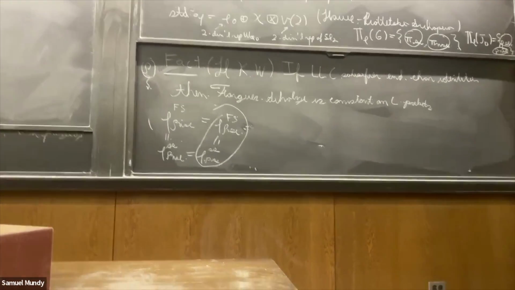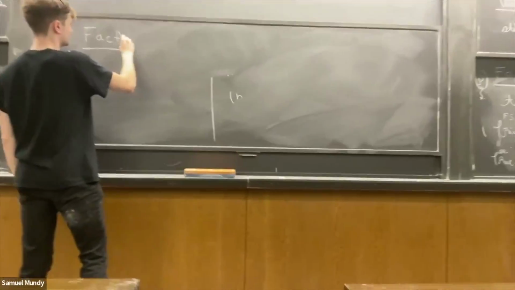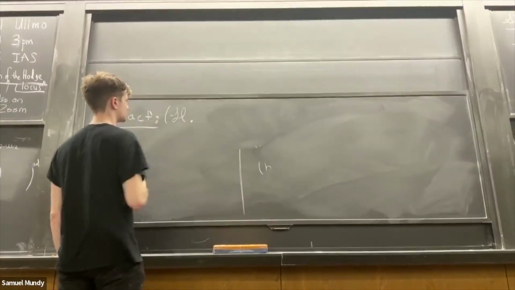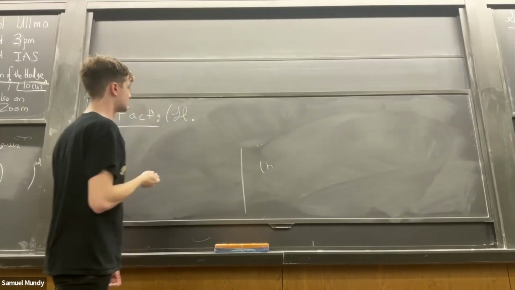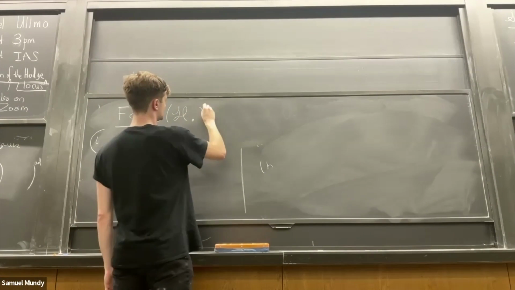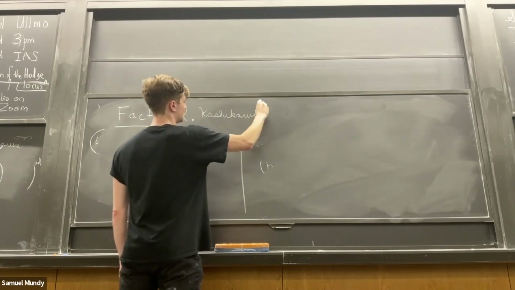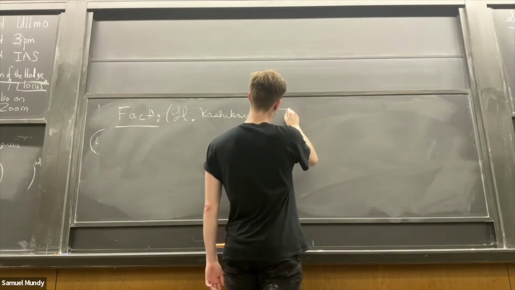So the key here is the following fact, which is proven, so this is a general fact. It's not just for GSp4. So it's due to myself, and while I was writing up the argument, Koshikawa, a student of Kato, gave a proof of a very similar statement through a slightly different method. In any case, the upshot is still the same.